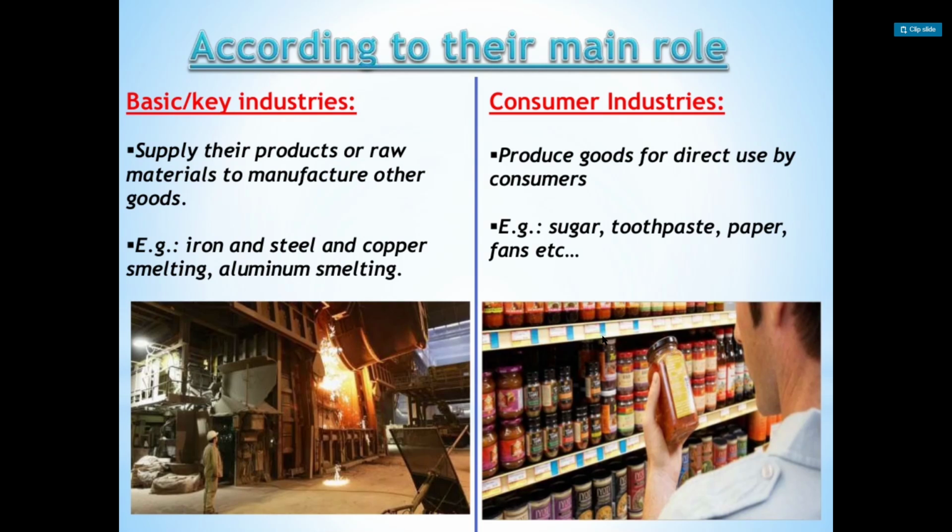We are the consumers because we consume these things directly. We don't use iron and steel directly; it comes in some other form. But sugar, toothpaste, paper, fans, etc., we directly use. So this is called consumer industries. This is the second classification according to their main role.